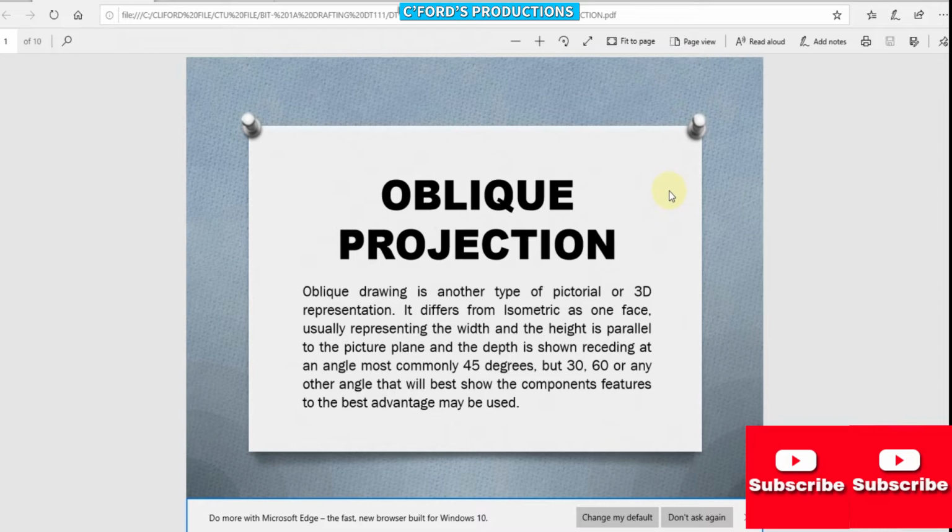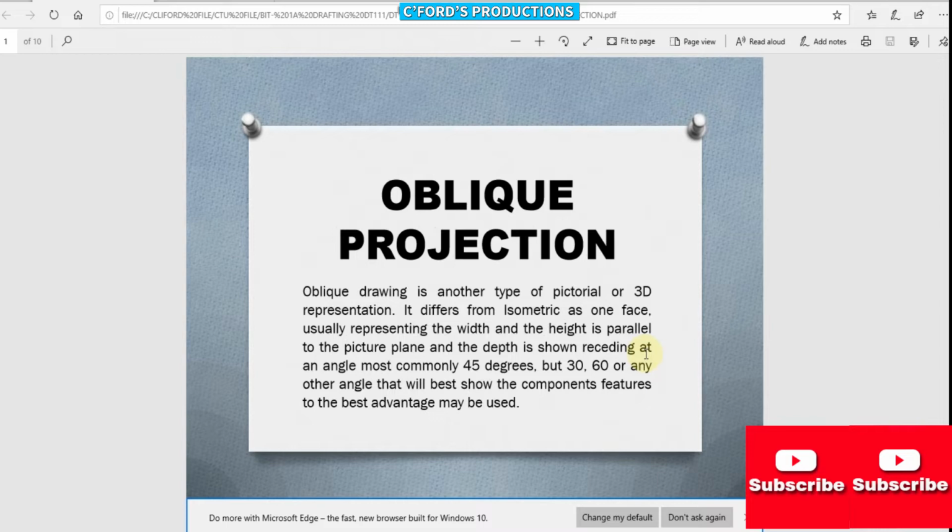Oblique drawing is another type of pictorial or 3D representation. It differs from isometric in that one face, usually representing the width and the height, is parallel to the picture plane, and the depth is shown receding at an angle, most commonly 45 degrees.